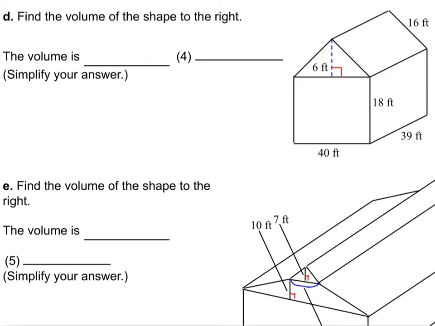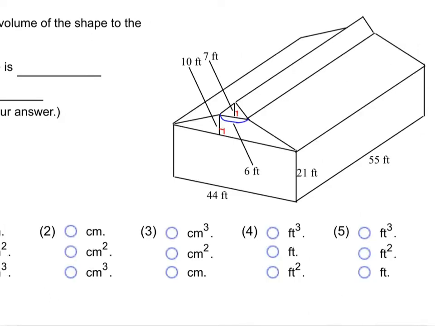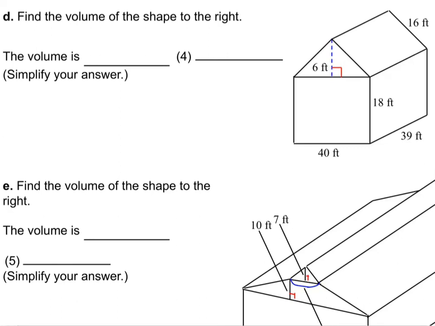Now, these two are a little more tricky. We have D and we have E. So let's do D here first off. D is this kind of house shape. We want the volume of this house shape. Well, let's break it into 2 separate questions. We basically have the top up here.